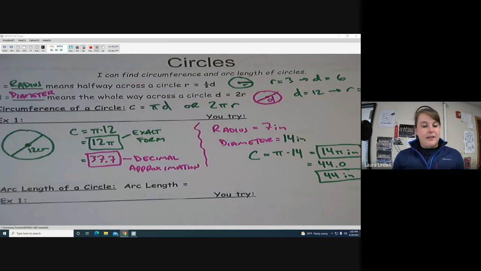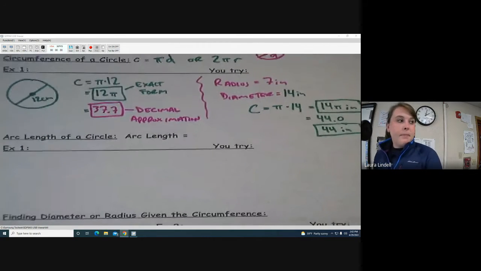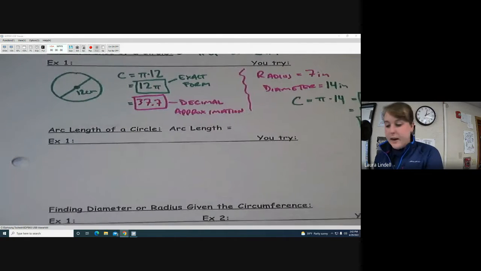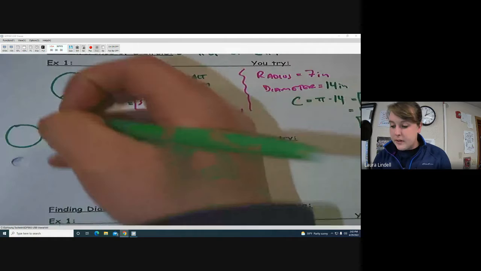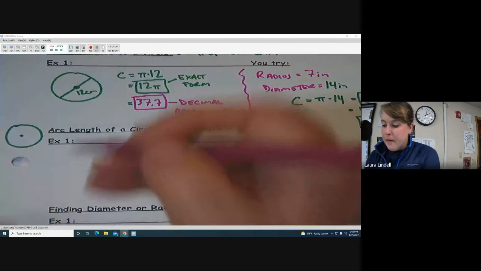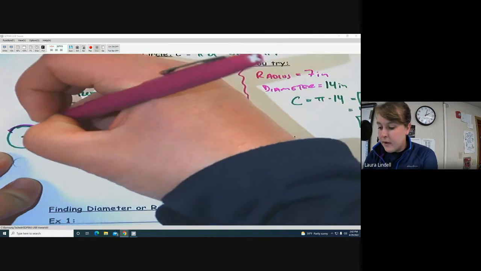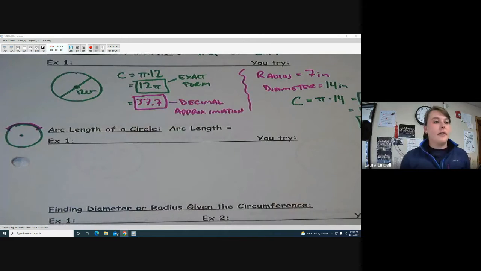Now, arc length is almost like a circumference. It's like a piece of a circumference. And so arc length, if we go off to the side here for a moment and look at a circle, maybe I just want this distance right here. Maybe I want just that piece of my circumference.